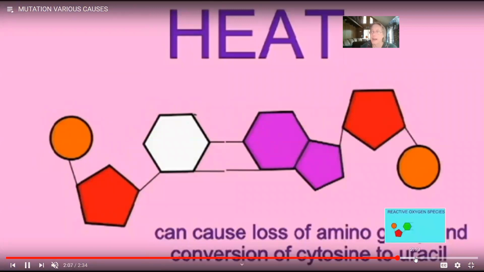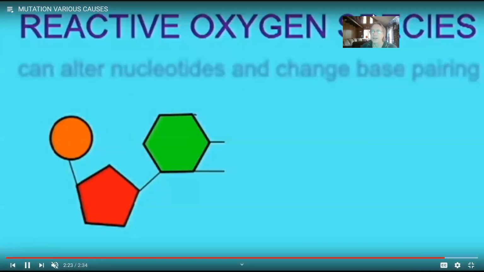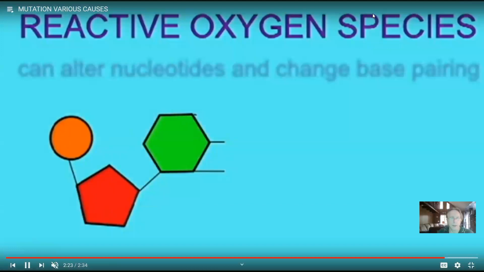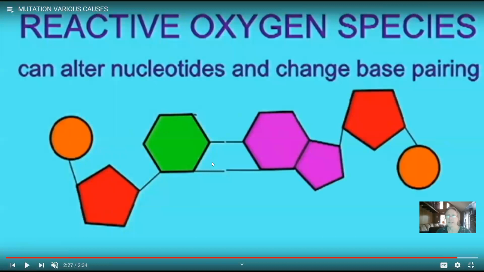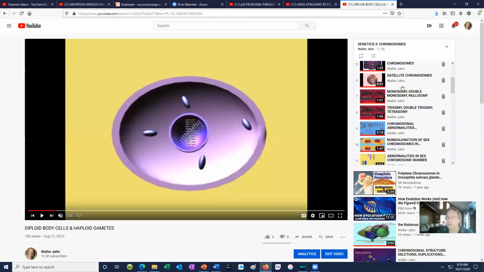We're exposed to reactive forms of oxygen, and reactive forms of oxygen can change base pairing. And so the point is that there are so many different causes of mutations.